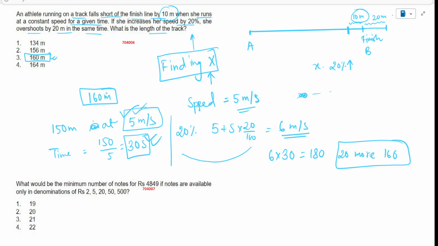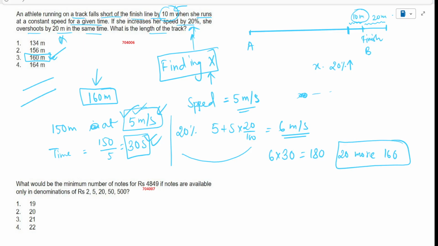But why did I choose 5 meters and why do I say that 160 meters is the answer? All the data given in the question is in multiples of 10, so the most probable answer will be a multiple of 10, and here only one option is given as a multiple of 10. Why did I choose 5 meters per second?